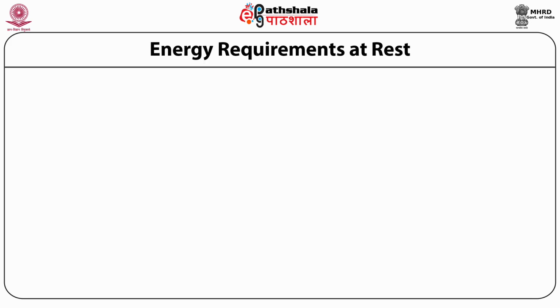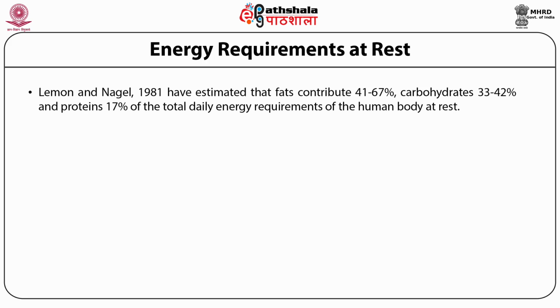Now let's understand the energy requirement at rest. Lemon and Nagel in 1981 have estimated that fat contributes 41 to 67%, carbohydrate 33 to 42%, and protein about 17% of the total daily energy requirements of the human body at rest.